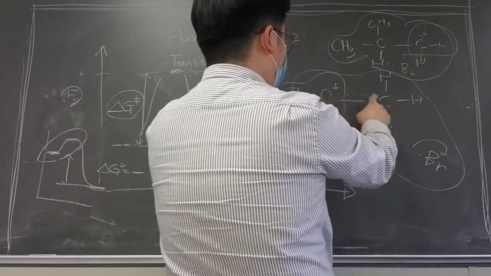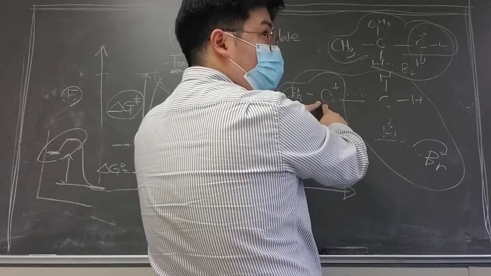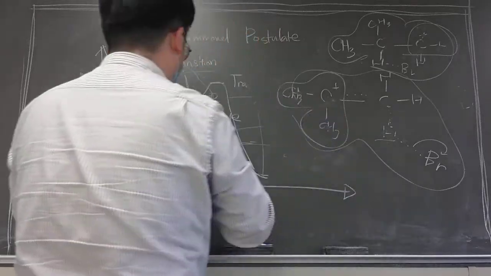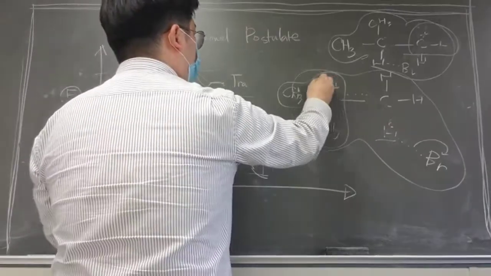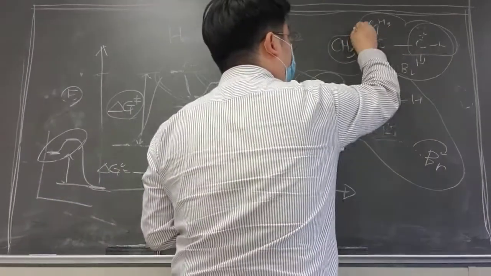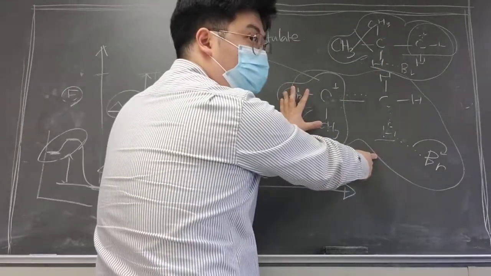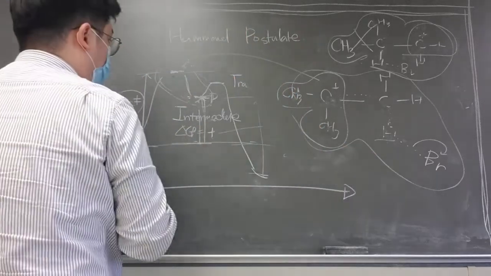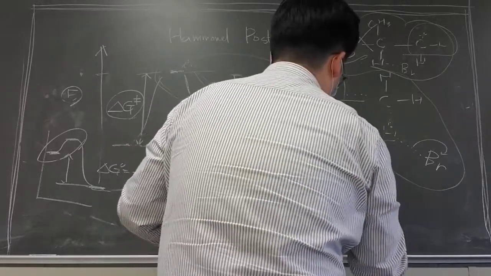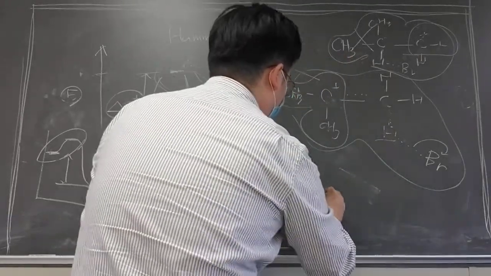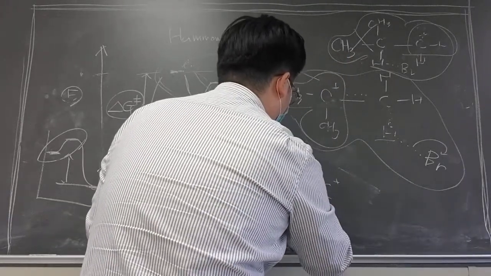It's better to put the carbocation on this one. So in here, you're going to have this one, not this one. This is the much more dominant position where the reaction can happen. So the intermediate will be this one. The intermediate will be a carbocation for sure.